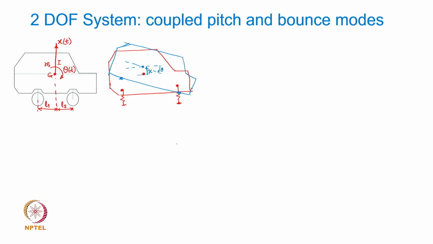So this was your initial mean equilibrium position. The car body moves up and then it also tilts. As a generic motion, both motions are simultaneously taking place.